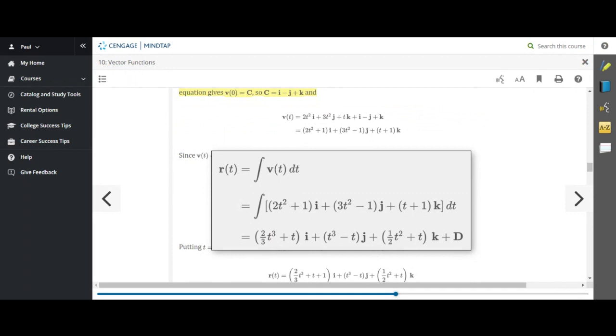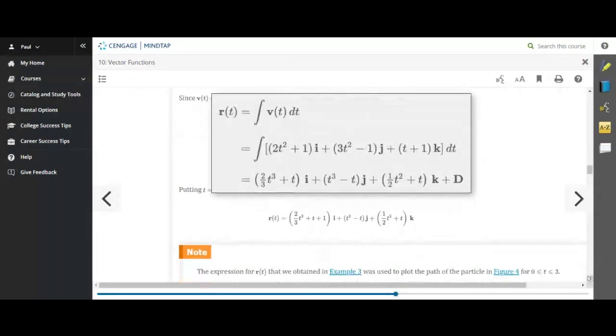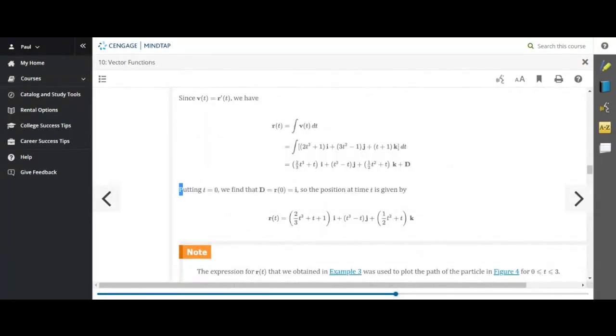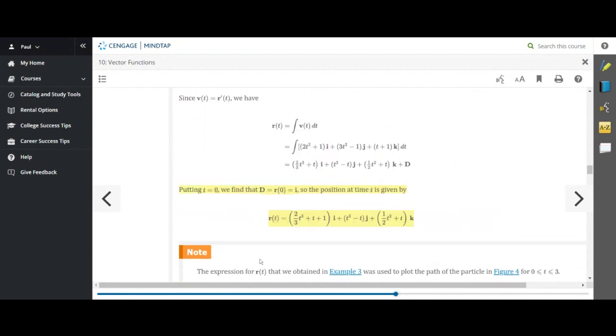And so now we have to use the initial condition that we're given on the vector function r. We're told that the vector function r has position equal to 1, 0, 0, which is the i vector. And so substitute t equals 0 and solve, and you'll get the d vector equals the i vector. And there you get r of t.